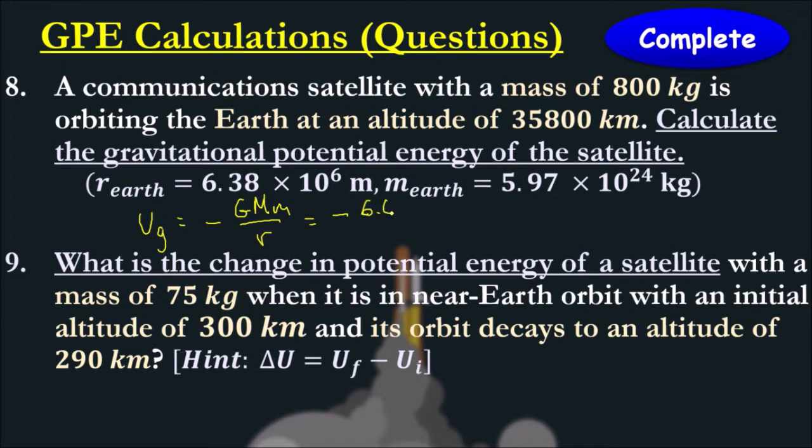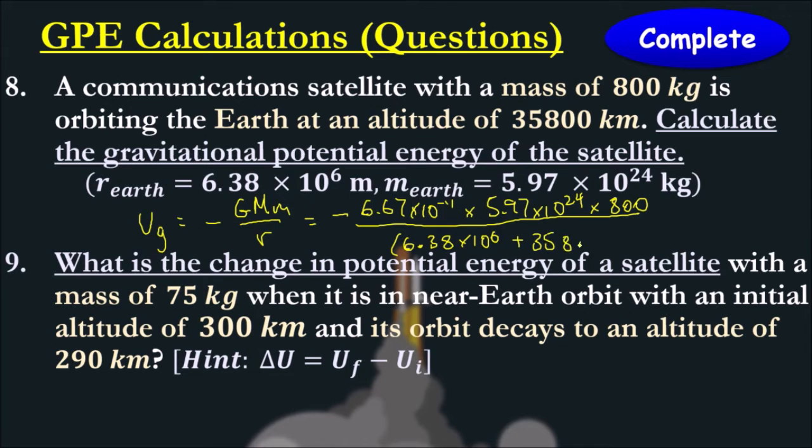So it's negative 6.67 times 10 to the power of minus 11 times the mass of the Earth over the radius of the Earth, which in this case is given as 6.38 times 10 to the power of 6, plus the altitude of orbit.